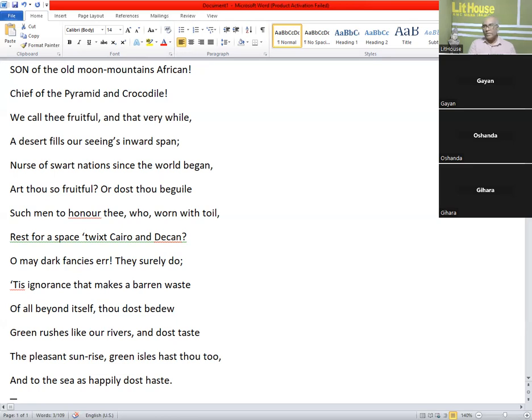Now old moon mountains have some other images, meanings, associations. They are close to the moon or heaven. Now moon symbolizes heaven. What is the idea here?